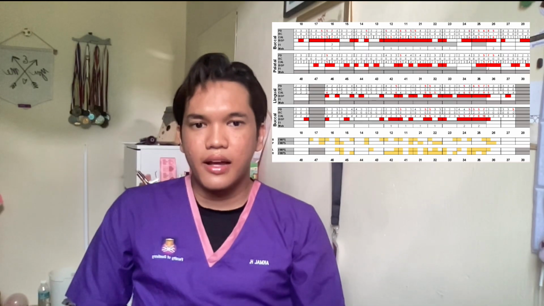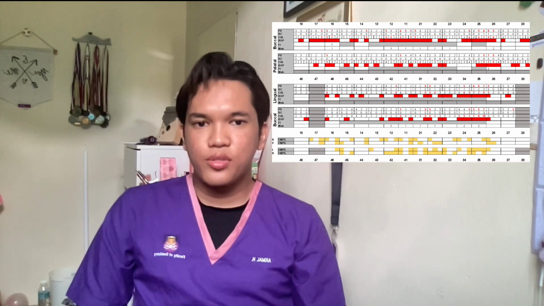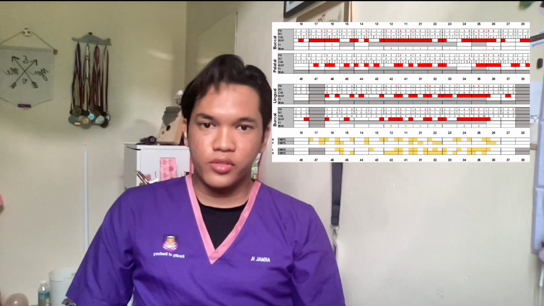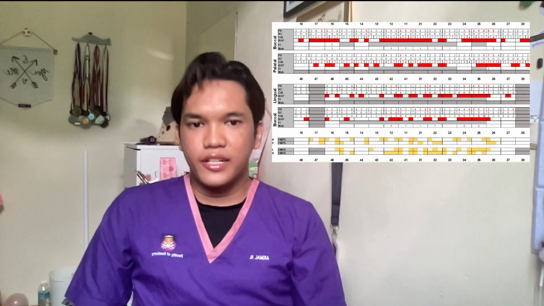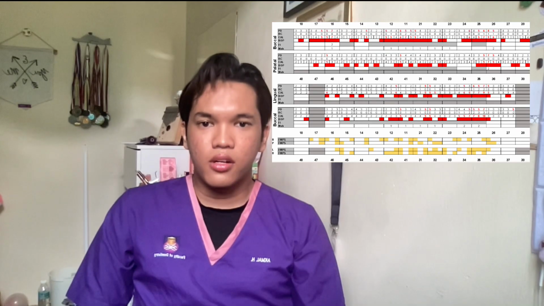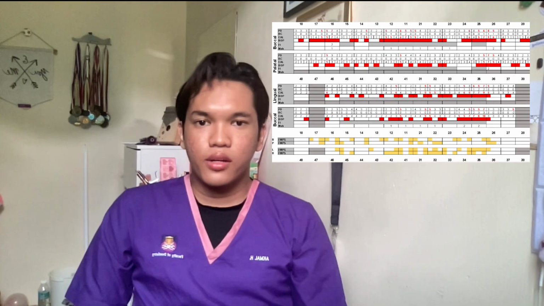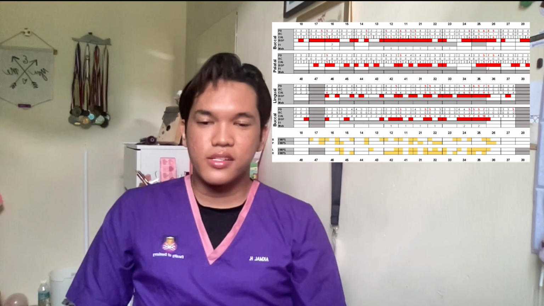Some of your teeth have furcation exposure, especially at the lower teeth, and the exposed area is about 2 to 3 mm, which is quite high and concerning. There is furcation involvement at your upper teeth and also mobility. Your bleeding score and plaque score are quite worrying and can also lead to periodontitis and also gingivitis.